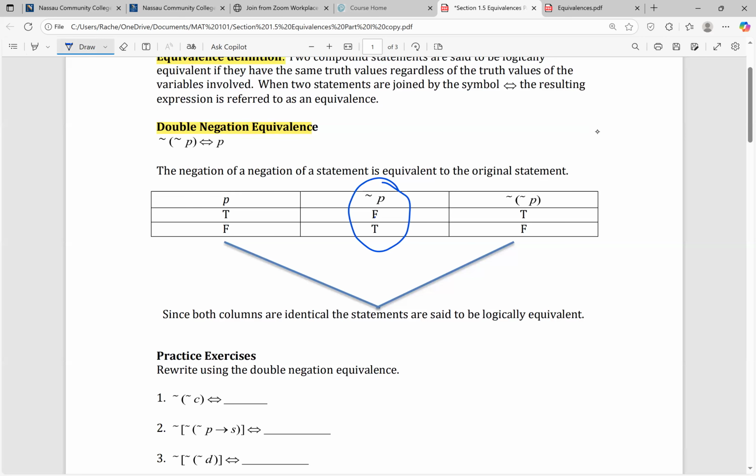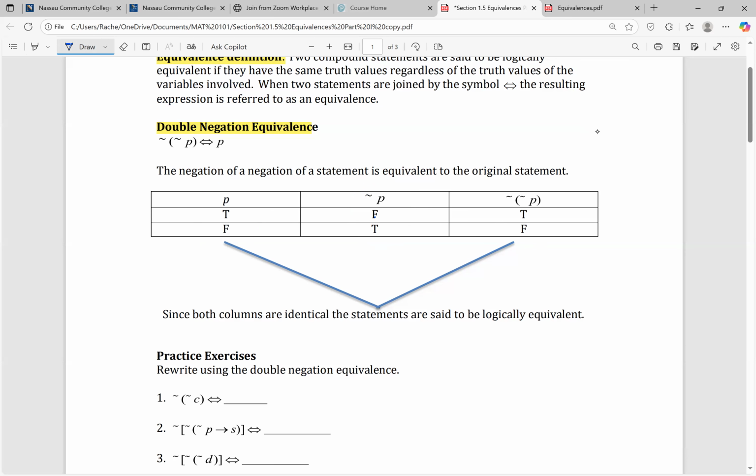So false becomes true, true becomes false. And you'll notice that the truth values of P and not not P are exactly the same. So we say that these two statements are logically equivalent, meaning they have the same truth values.